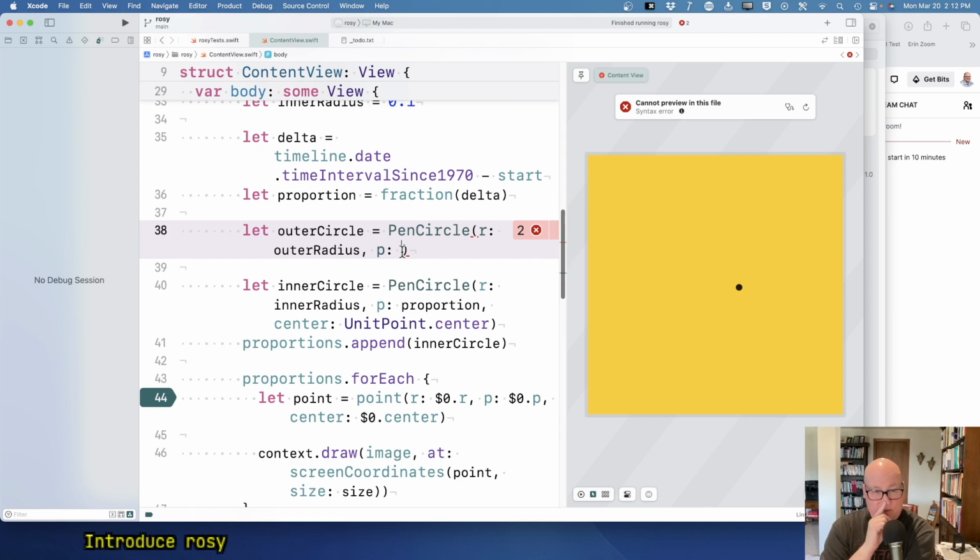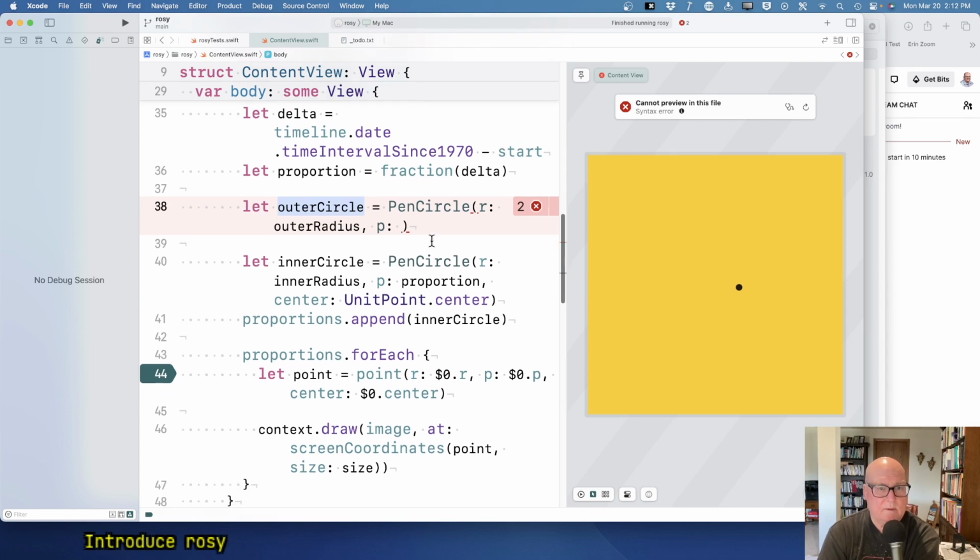The proportion is, no, this is not right. Okay, the circle is going to be outer radius minus inner radius.